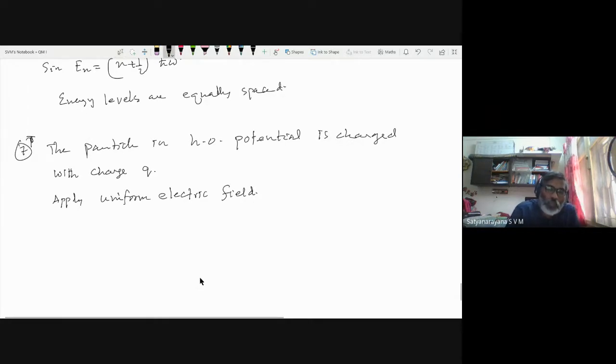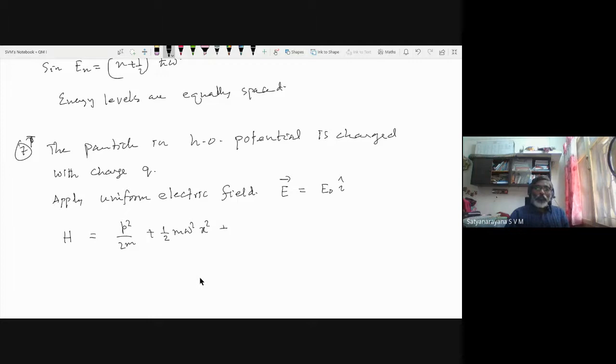So if you apply a uniform electric field, then what happens? There is an interaction of this charged particle with the electric field, and that gives rise to an additional term in the Hamiltonian. So the Hamiltonian will be p square by 2m plus half m omega square x square, and then a term: suppose you apply the electric field in the positive direction, so let's say your electric field is E0 into i cap in the positive x direction.